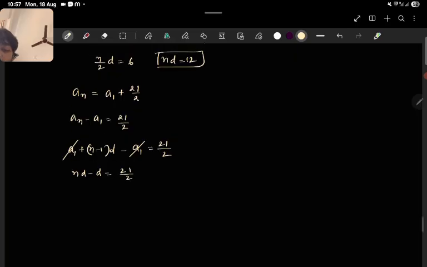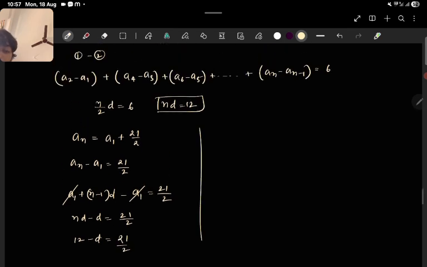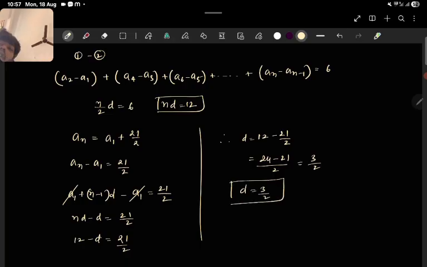What is nd? 12. So 12 minus d is equal to 21 by 2. Therefore d is equal to 12 minus 21 by 2, which is 24 minus 21 by 2, that is 3 by 2. So the D value is 3 by 2.